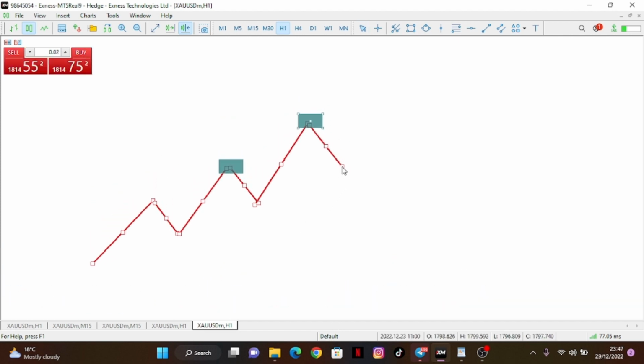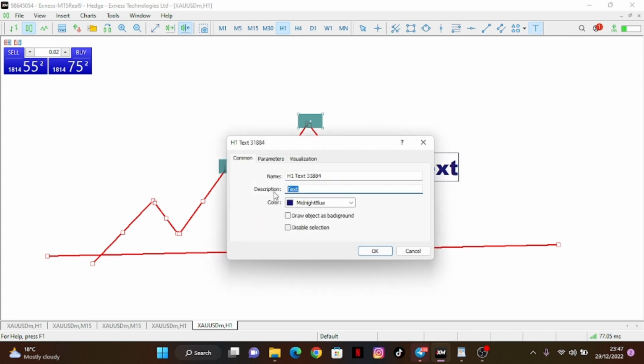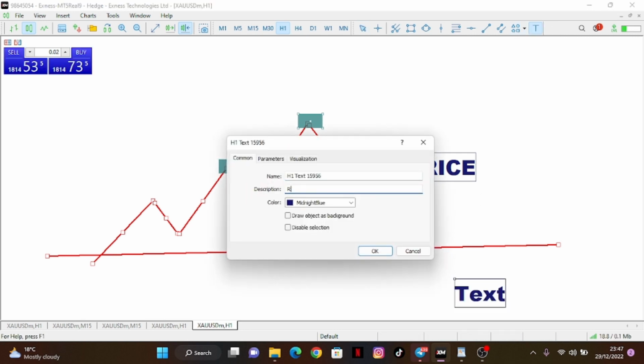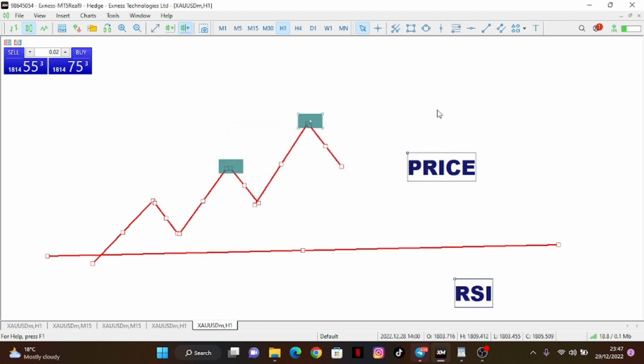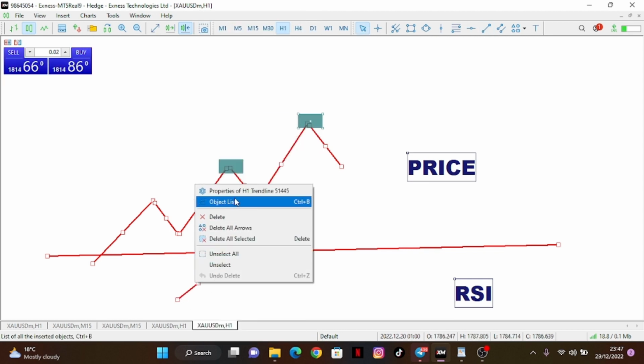So this is price action, and let's put this as our RSI, the indicator that we're using. When price is making higher highs and the RSI is moving, let's assume it's making its own movement like that. I'm going to change this to blue.